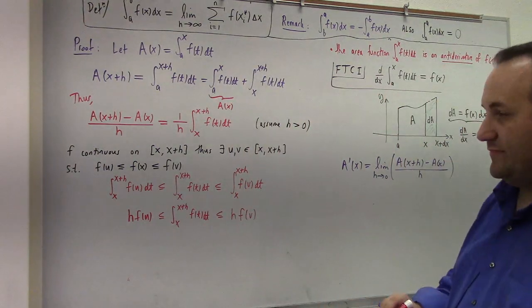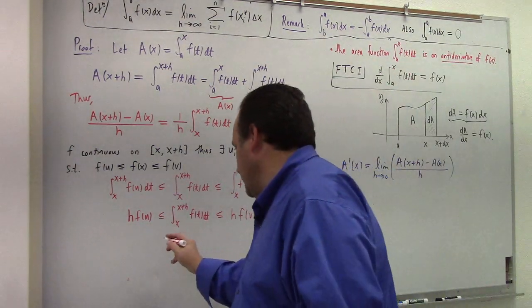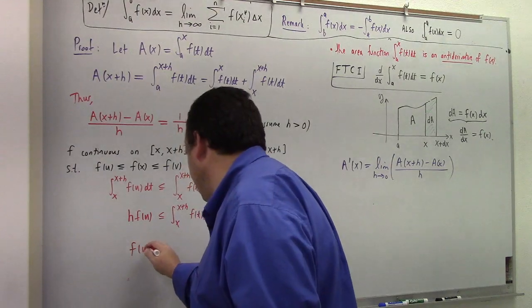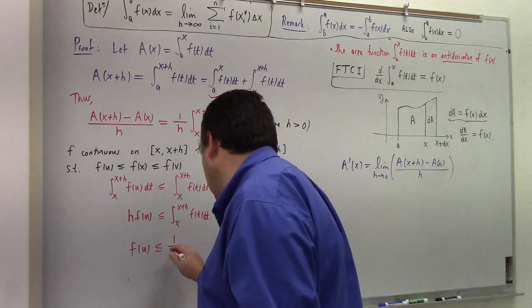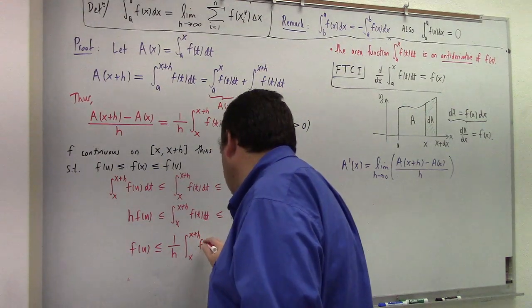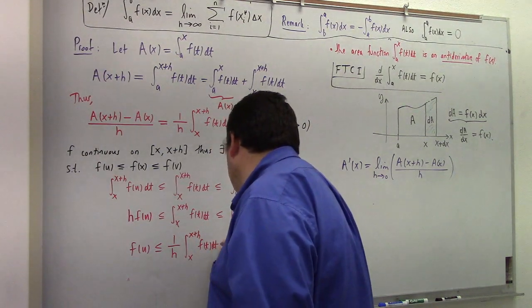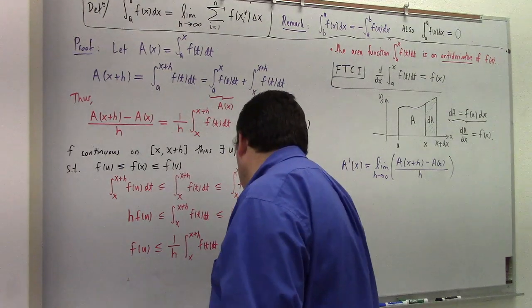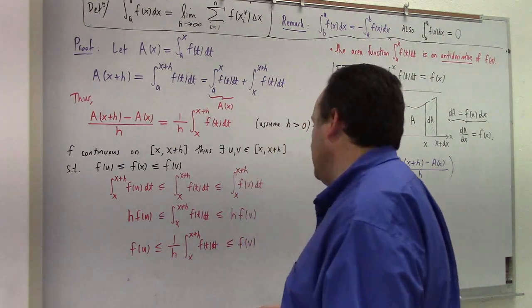All right? Which then gives me f of u less than or equal to 1 over h times the integral from x to x plus h of f of t dt, less than or equal to f of v.